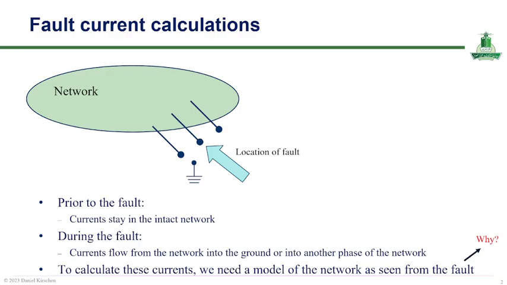Under such conditions, the system impedance becomes very low and it makes a significant increase in current magnitude compared to normal operating conditions. Understanding fault current is essential for selecting and designing protective devices such as circuit breakers, relays, and fuses, as I told you before in my previous lectures.